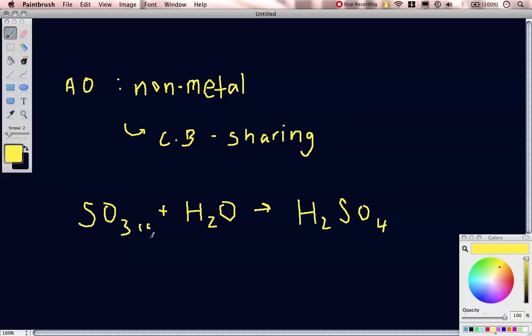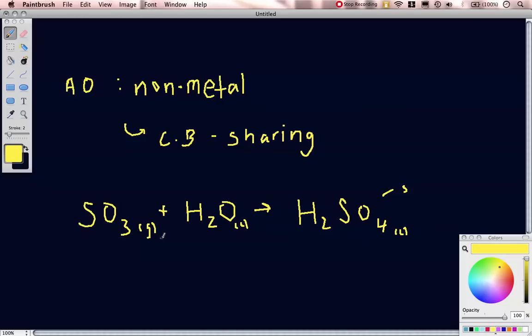So it's very easy, guys, to see that sulfur trioxide plus water gives us sulfuric acid, which we know to be a very strong acid. And if this is concentrated enough, guys, it will actually be in liquid form, not aqueous form, so you can put an L there to show liquid.